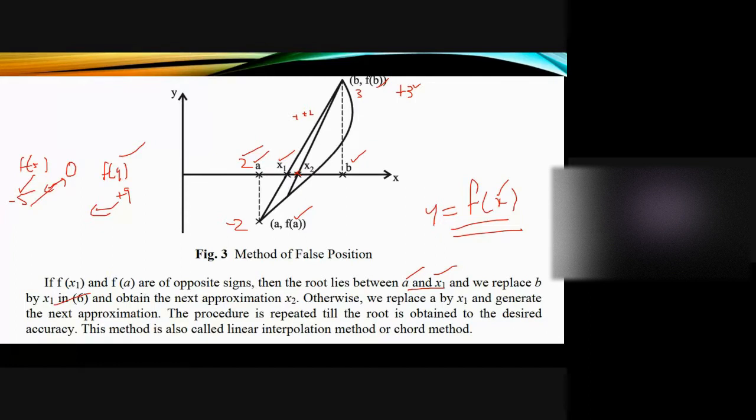So that is told here. We will replace the b with x1 and obtain the next approximation x2. Otherwise, we will replace a by x1 and generate the next approximation. The procedure is repeated till the root is obtained to the desired accuracy. This method is also called the linear interpolation method or chord method. So please make sure that you learn all these terms because it may be asked.